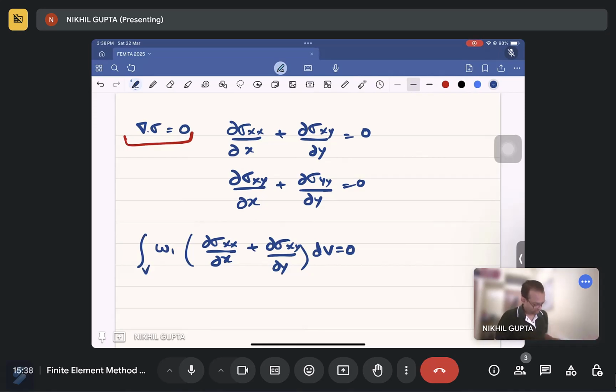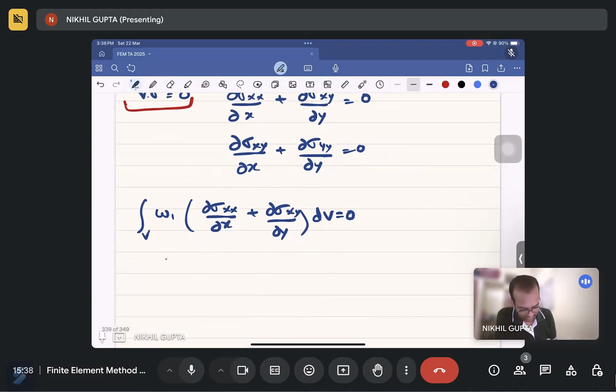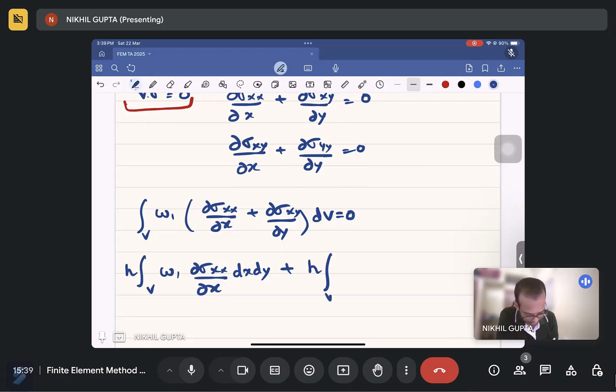When we solve this, we can break it into two. Integral of w1 del sigma xx by del x dV, plus, since it is 2D elasticity, we can write dx dy with h as the thickness, and the integral over omega of w1 del sigma xy by del y dx dy.